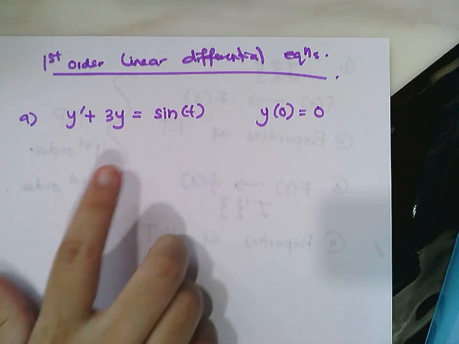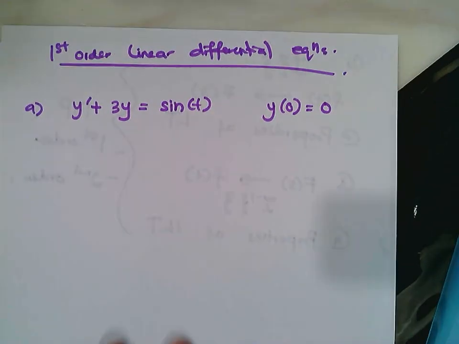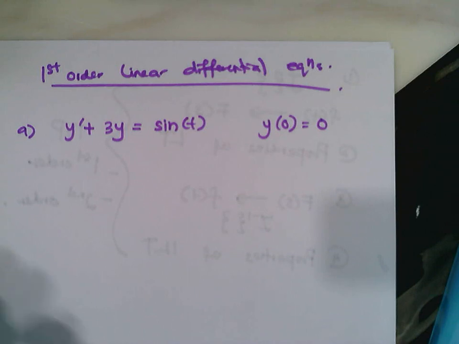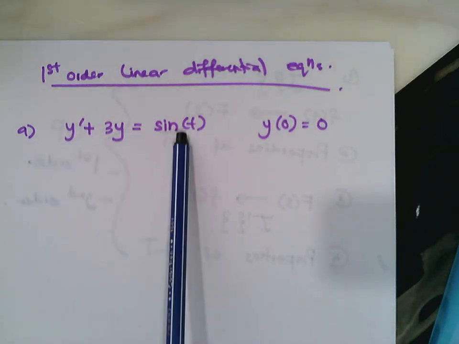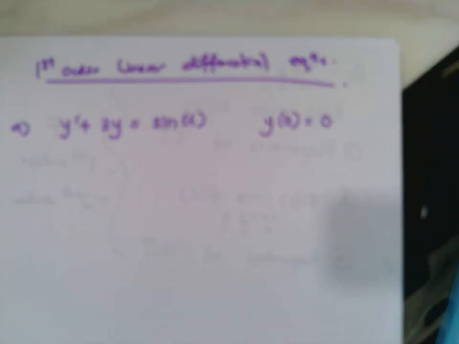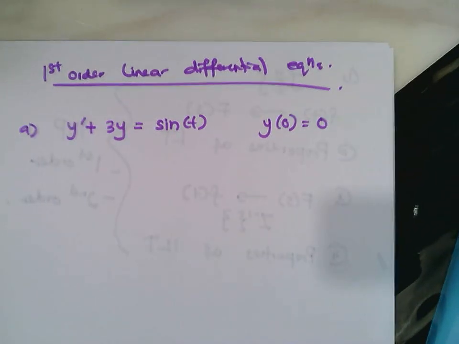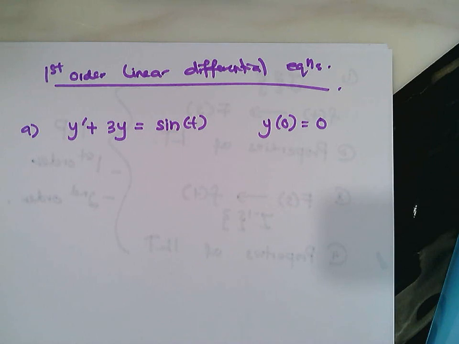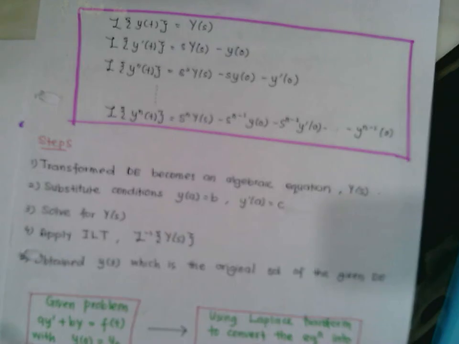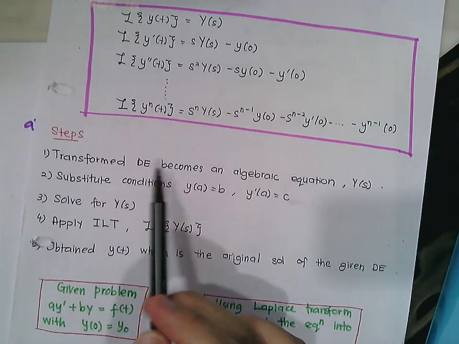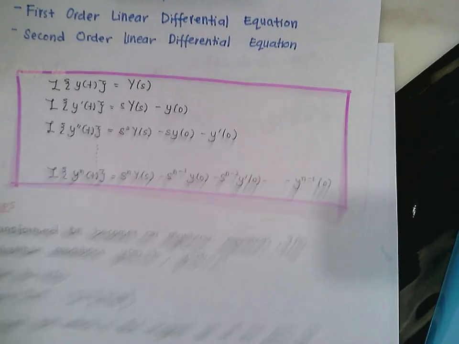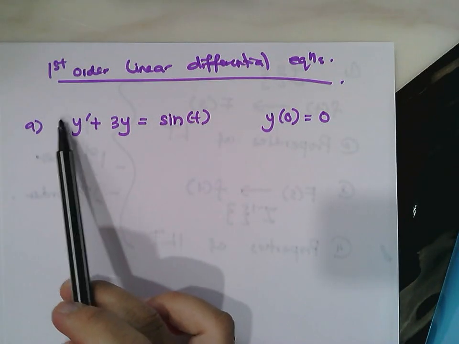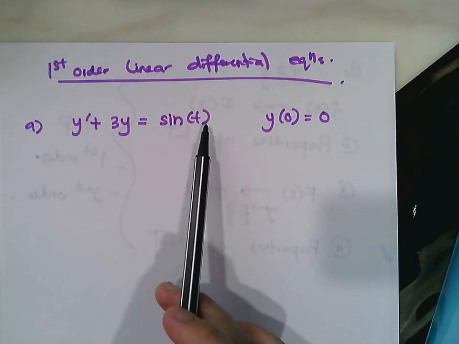So the first step is you have to find the Laplace transform of each of the following terms. So you need to transform. If you refer to your notes, the first step is you need to transform your differential equation in terms of Y(s), which means you have to find the Laplace of all these terms.